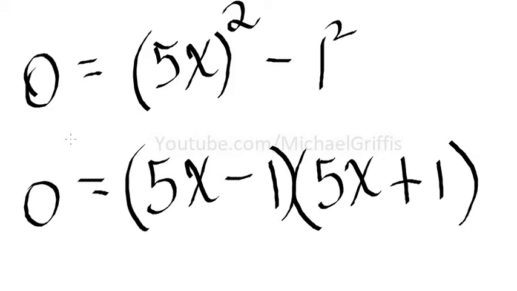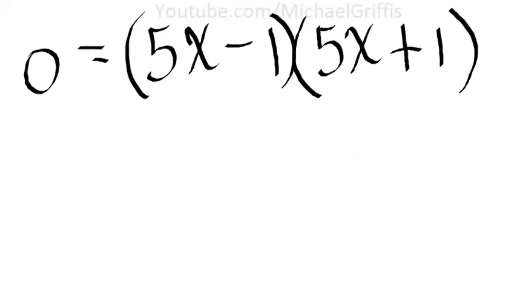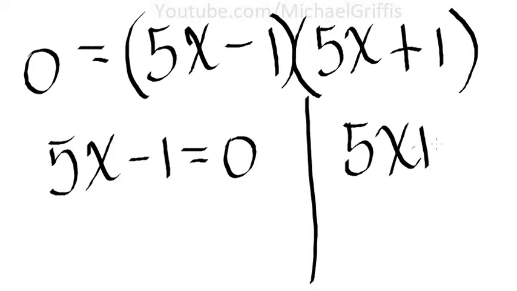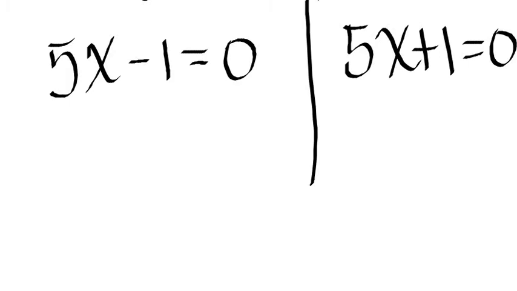We set both those linear factors equal to 0. Put a little divider bar there. 5x plus 1. And then just solve for x in each one of these problems. So this should be trivial at this point.